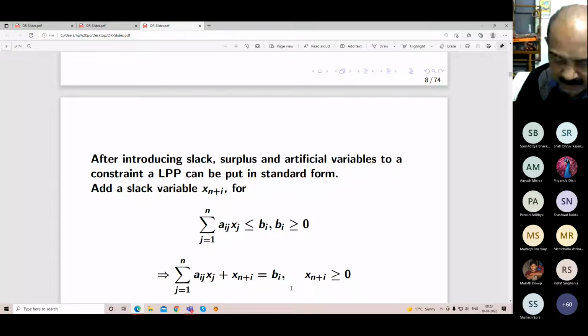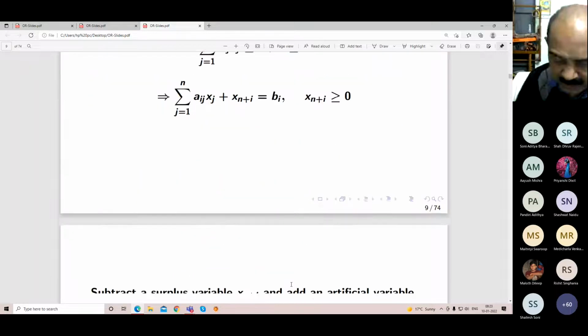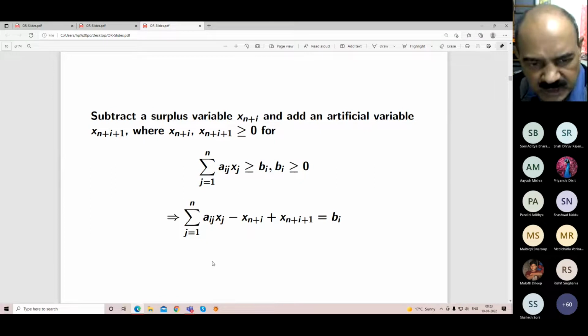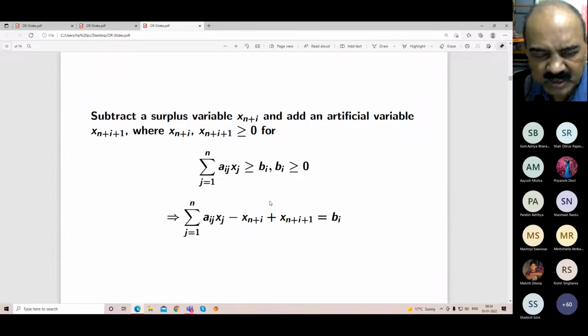Similarly, if there is a type 2 inequation, meaning a greater than or equal type inequation, what do we do? We subtract something, then we add something. Whatever we subtract, xn plus i, is known as the surplus variable.